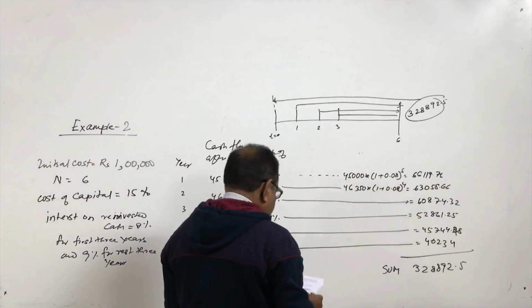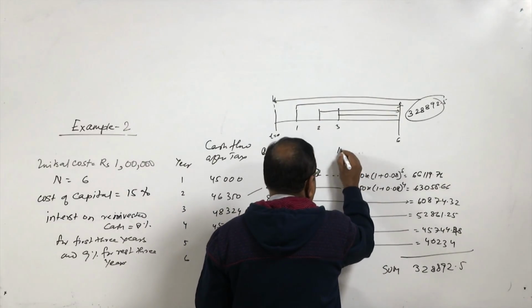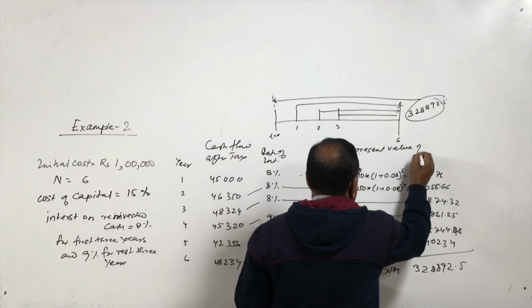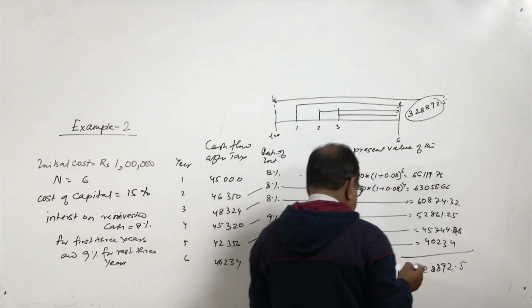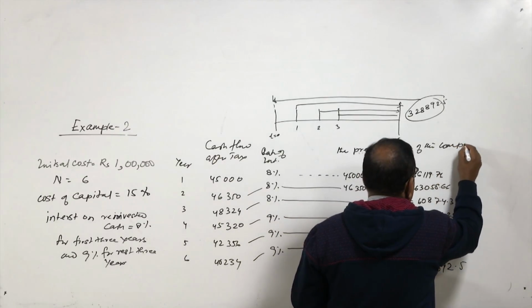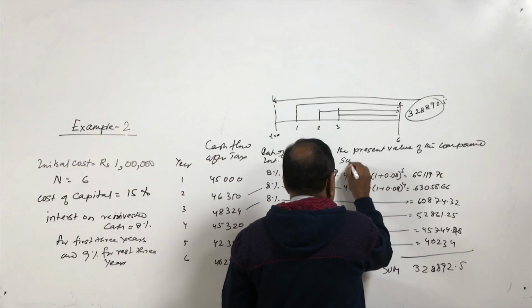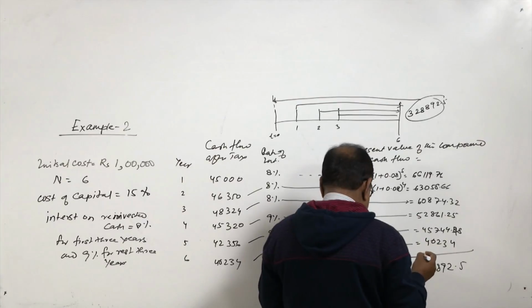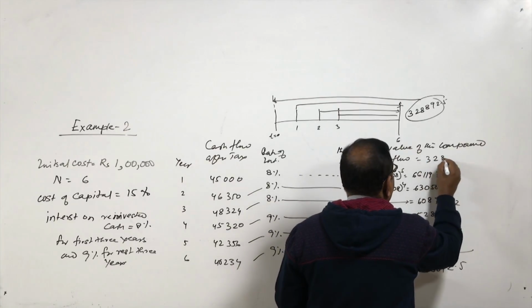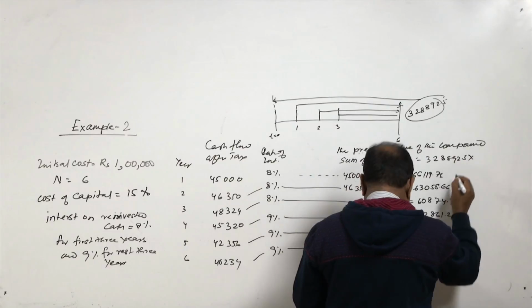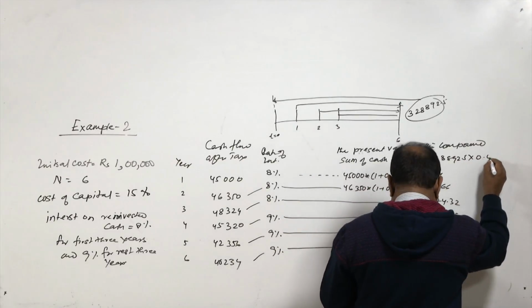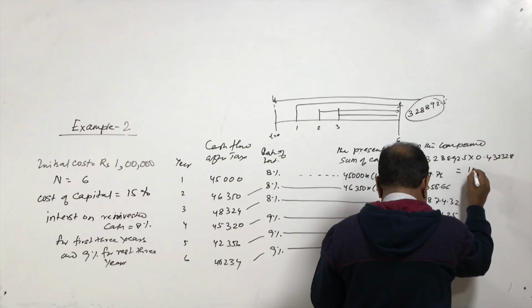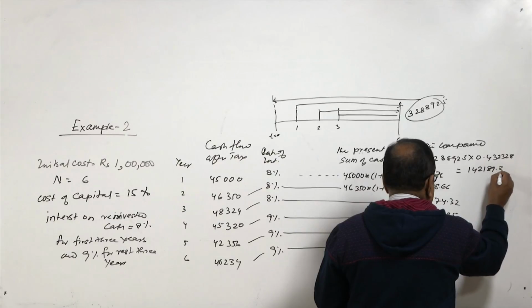So, the present value of the compounded sum of cash flow is equal to 328,892.5 into 0.432328 is equal to 142189.3.